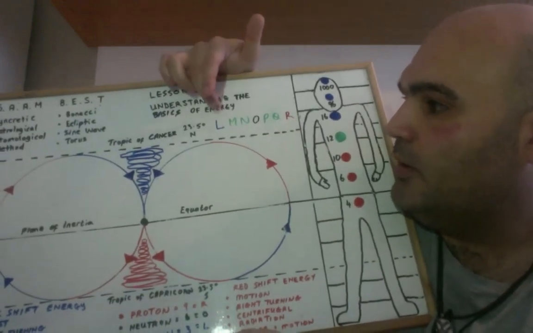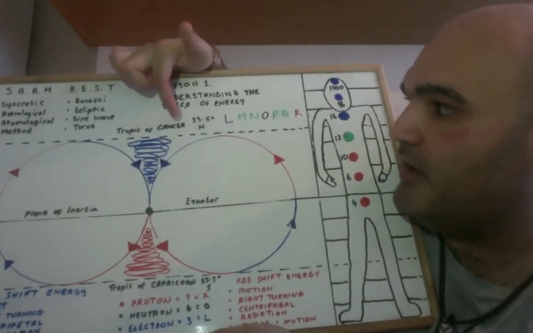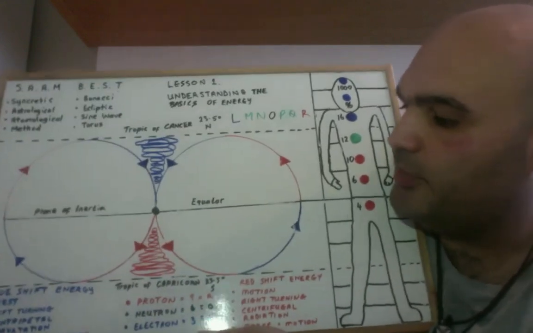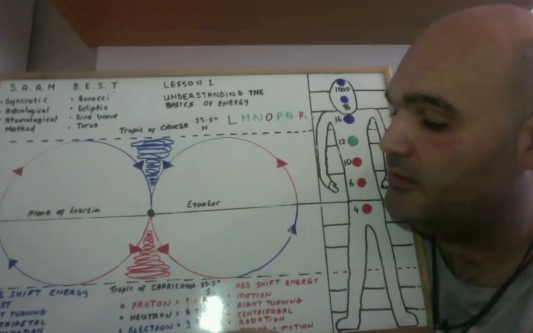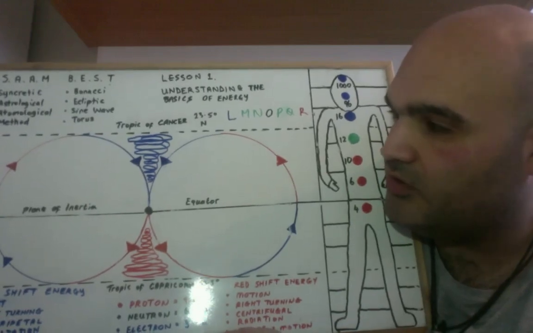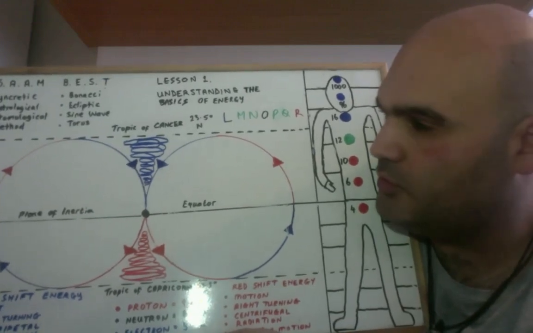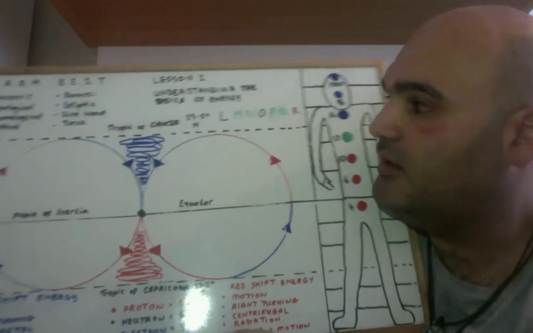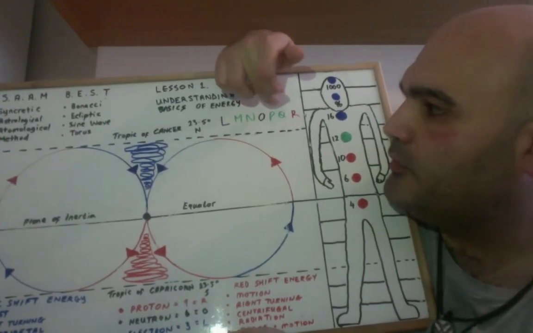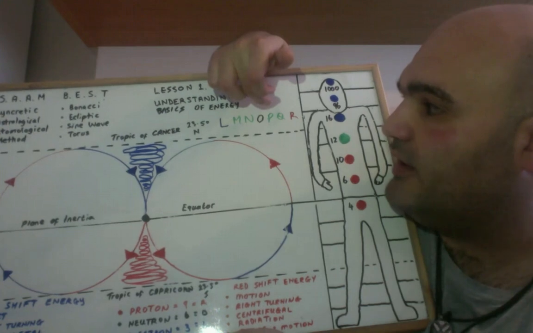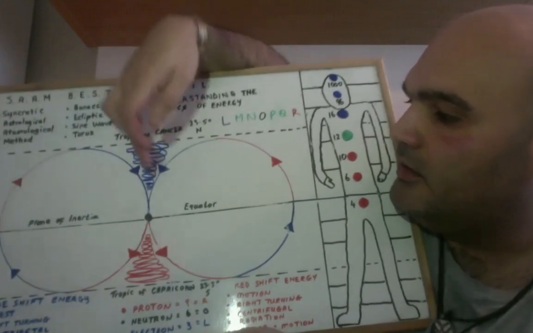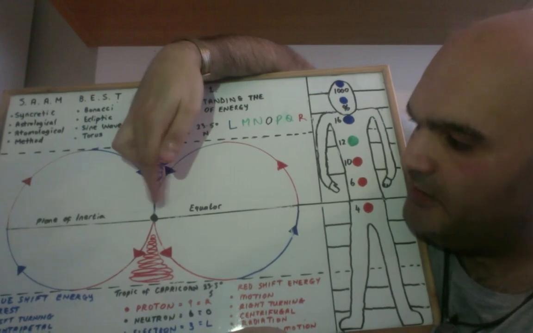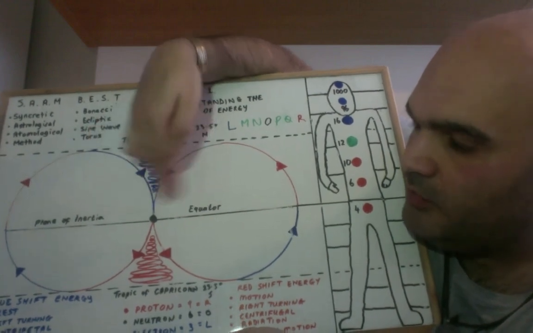Blue, being up here at the Tropic of Cancer, would be the moon, and red, being down here at the Tropic of Capricorn, would be Saturn, because Saturn rules the sign of Capricorn and the moon rules the sign of Cancer. And O, which correlates to the sun, being at this point is very fitting, because this is the equator where the sun rules.